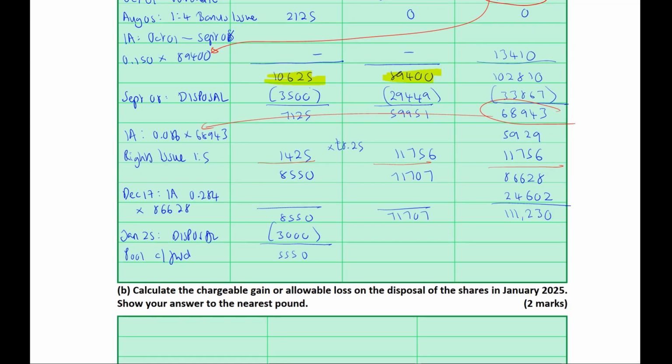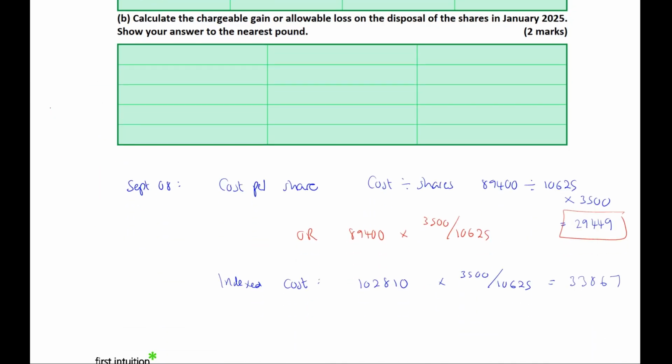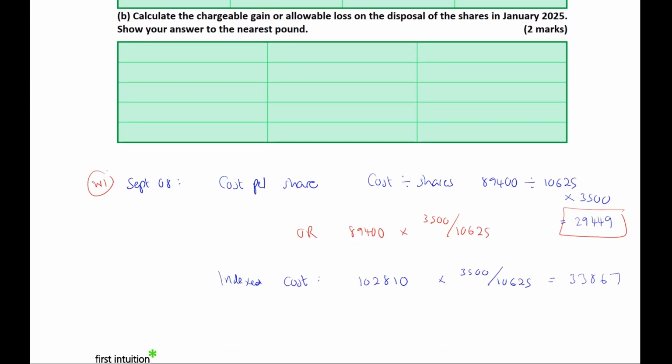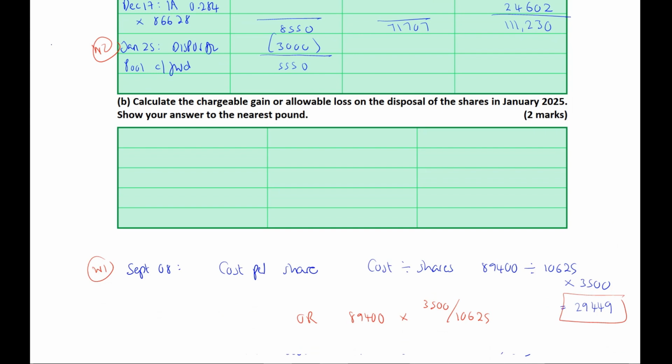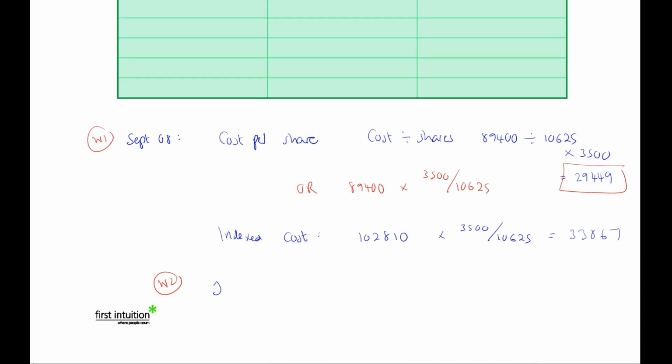Maybe when I did this first disposal, I should reference that as working number 1. So my second disposal here can be working number 2, because to find the number of shares was easy, the question told me, but to find the cost and the index cost of those shares is a little bit more involved, but I'm going to follow the same method.